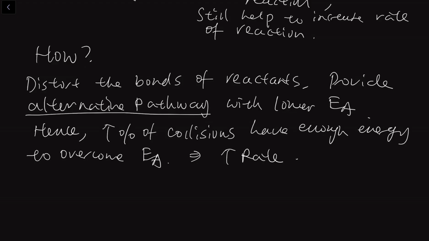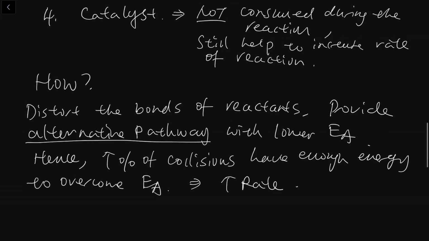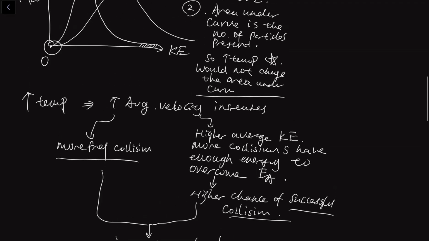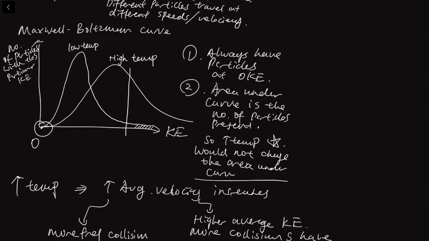You can also see how many collisions actually have or exceed the activation energy barrier from the Maxwell-Boltzmann distribution. So imagine we have an activation energy here. For a low temperature system, only a very small percentage of collisions have enough energy to overcome this barrier, hence a very slow reaction rate.